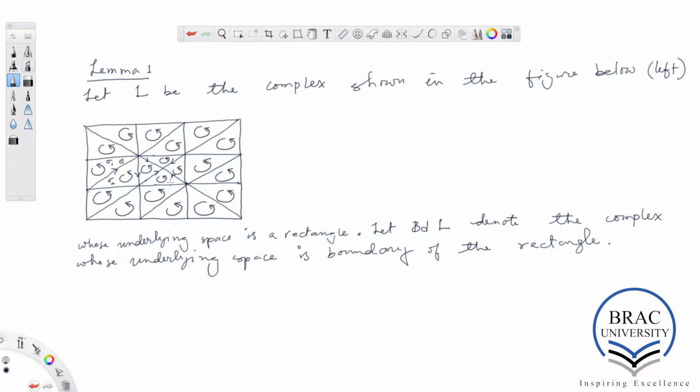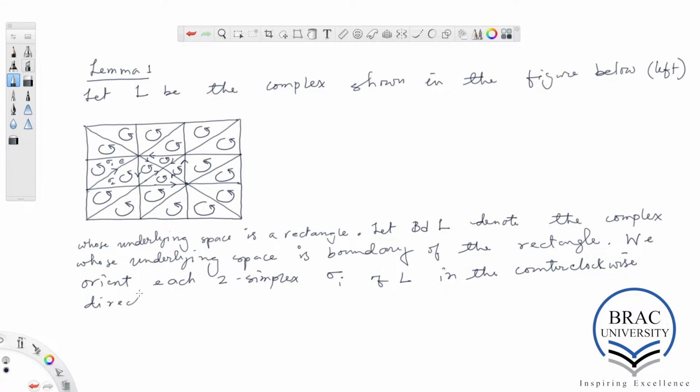Let me write it here. We orient each two simplex sigma i of L in the counterclockwise direction, and orient the one simplices arbitrarily.